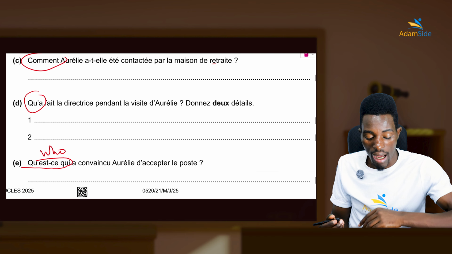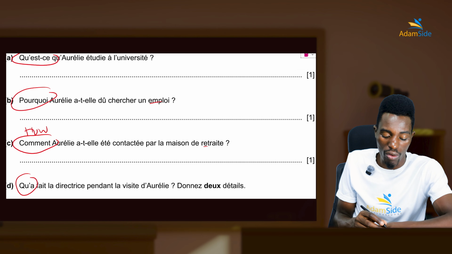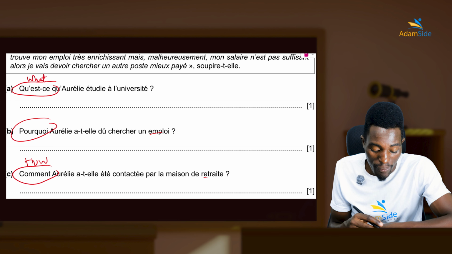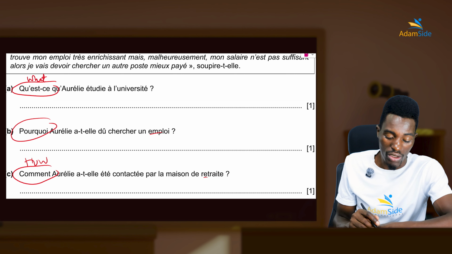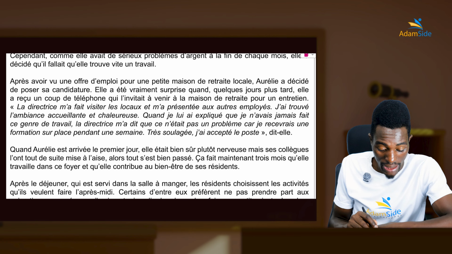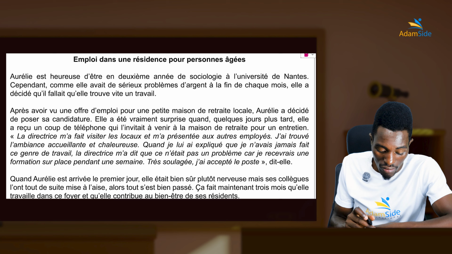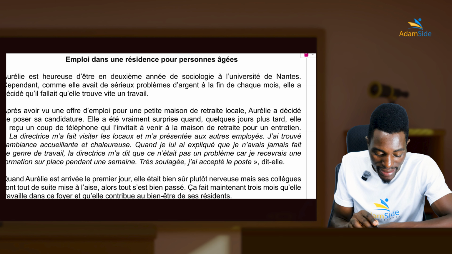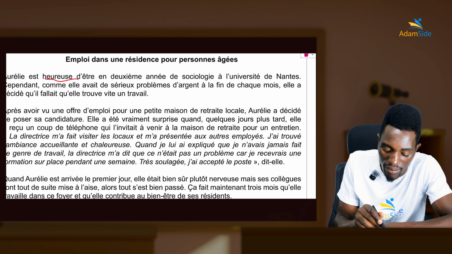So after we identify, then we go direct to answer the question. But we start, as I said, we read one paragraph after another, then we answer the question. So let's go to the first paragraph. We read together. The first paragraph, Aurélie est heureuse. Now Aurélie is feminine because heureuse.